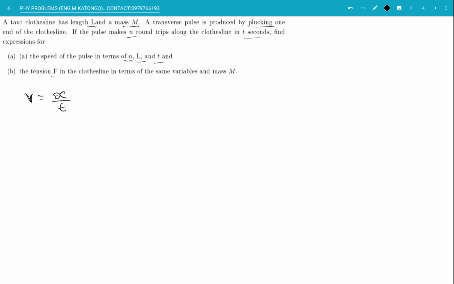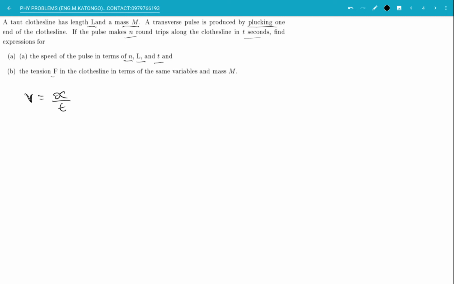Now, we are told that this pulse is produced by plucking one end of a clothesline. A pulse is basically a wave that is produced by a sudden disturbance for a short period of time, and it is formed on a small portion of the medium.